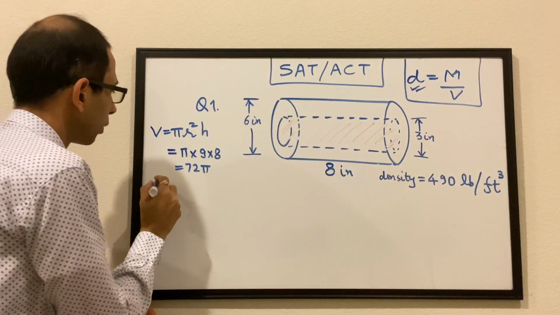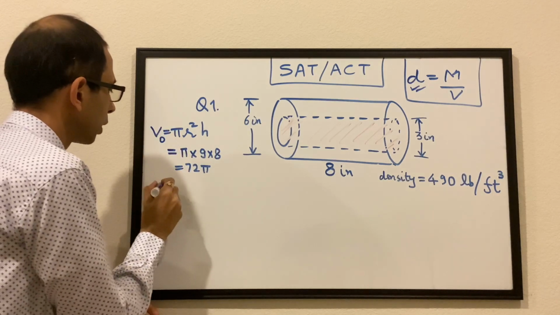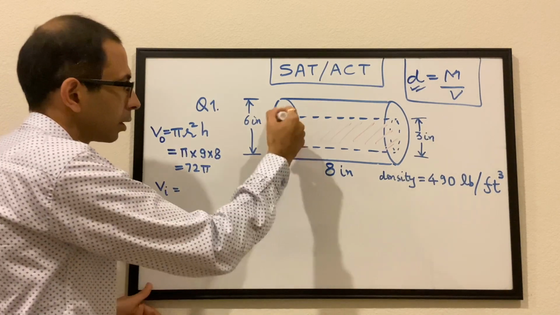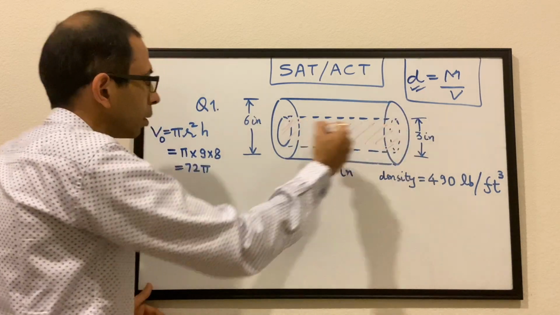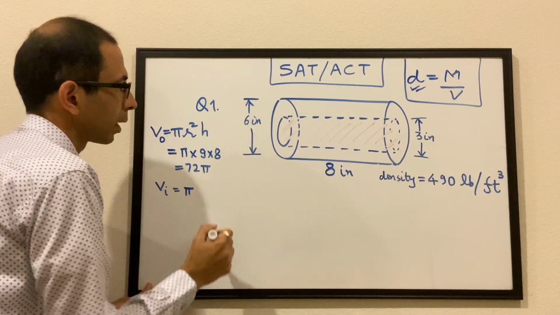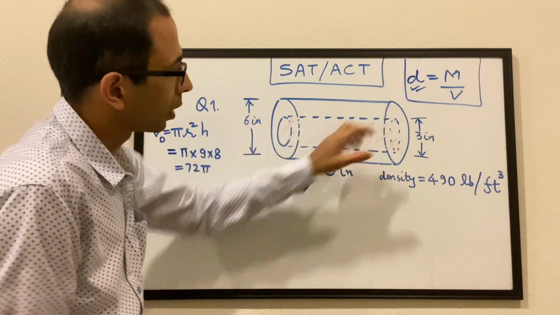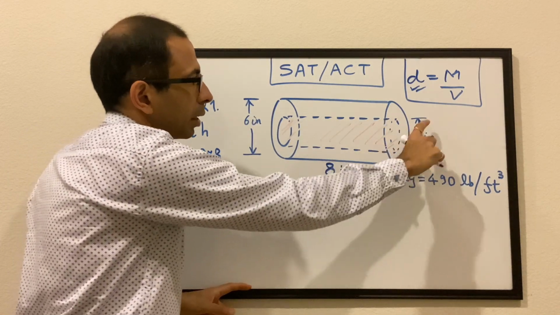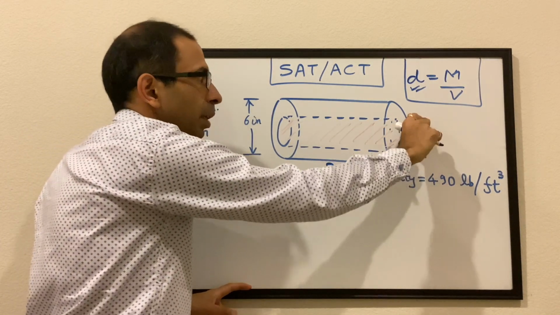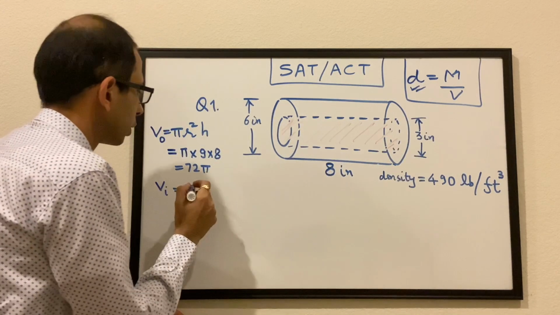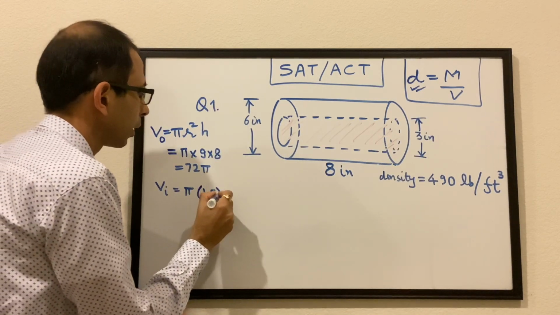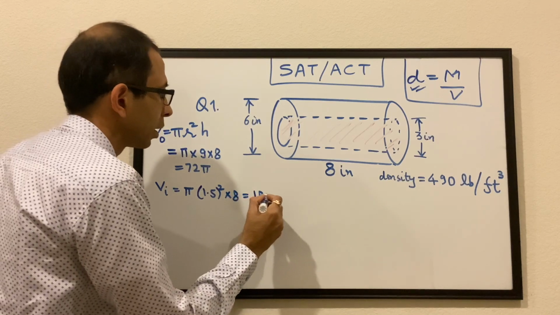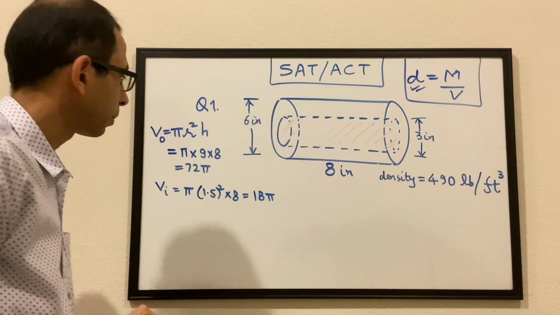This is the volume of the outer cylinder, let's find the volume of the inner cylinder. Again, this is also a cylinder, this dotted portion, pi r square h. The diameter of the inner base of the cylinder is given as 3 inches, so the radius would be 1.5. So pi times r square times h, and this comes out to be 18 pi, right?